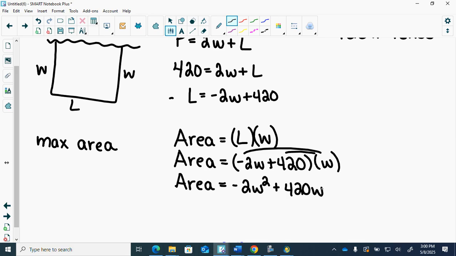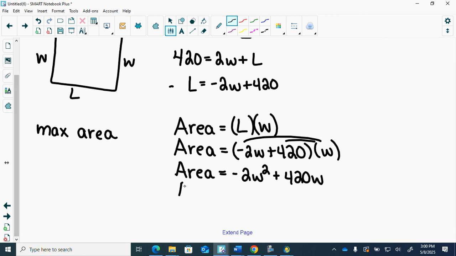When I want the maximum, what do I have to do to that equation? Take the derivative of it, find its critical numbers. So I'm going to get area prime equals negative 4W plus 420. And now this is max area, because we found the first derivative.